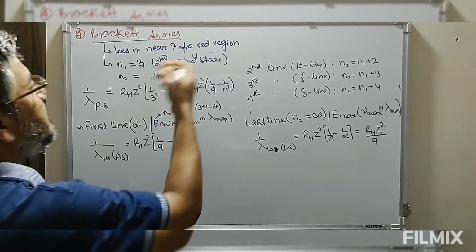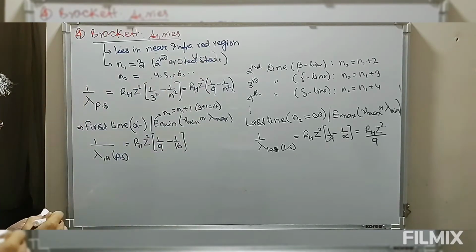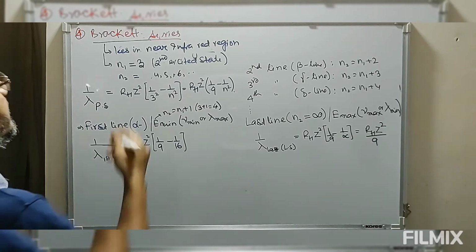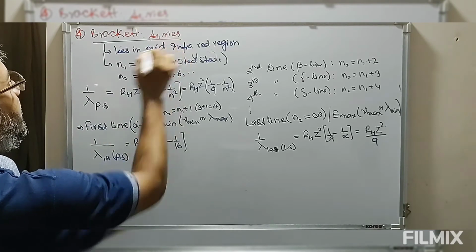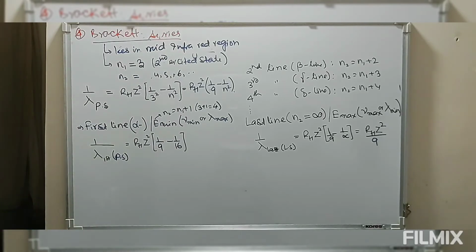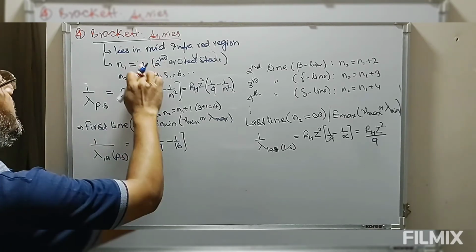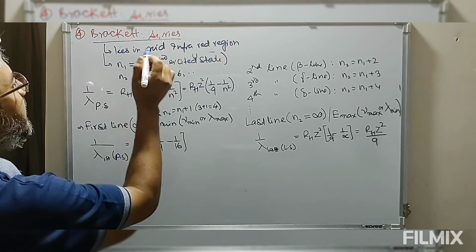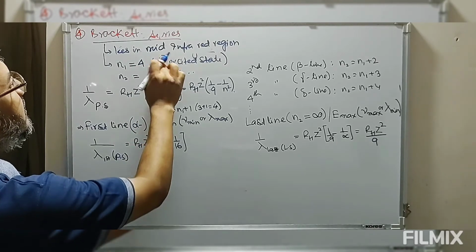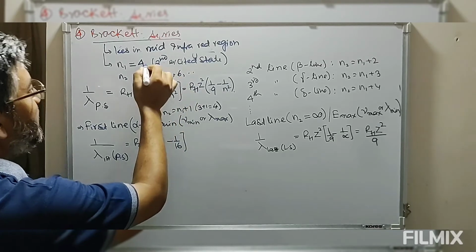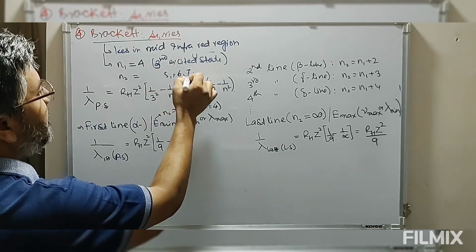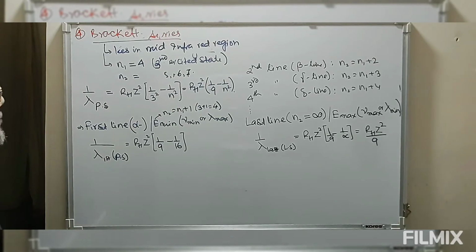Again this lies in infrared, so this is the mid-infrared, middle infrared region. Paschen series lies in near infrared, Brackett series lies in mid-infrared region. N1 is 4 here, and this is the third excited state, and N2 will be values greater than 4: 5, 6, 7, etc.